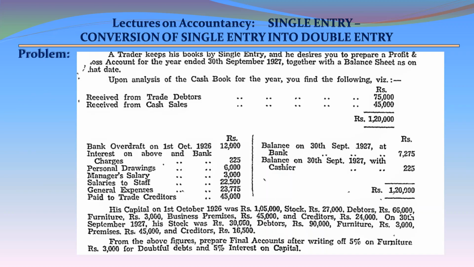A trader keeps his books by single entry and he desires you to prepare a profit and loss account for the year ended 30th September 1927 together with a balance sheet as on that date.